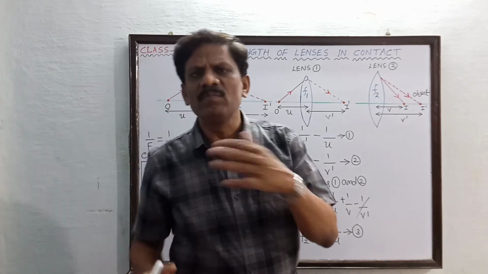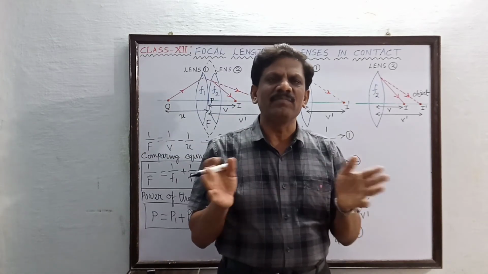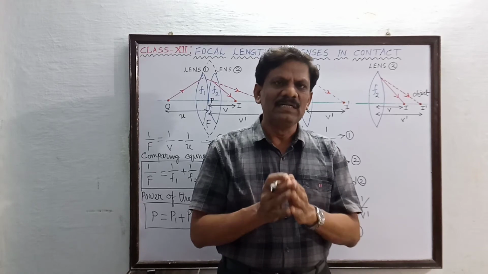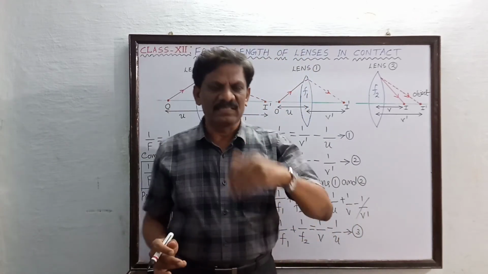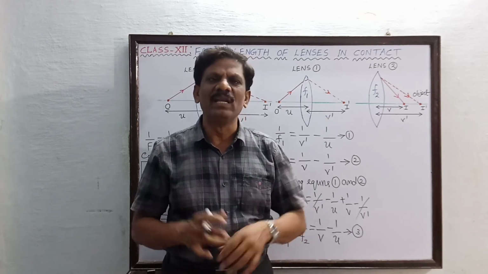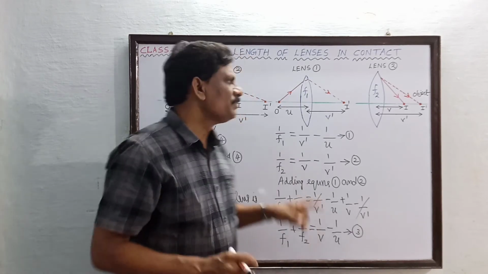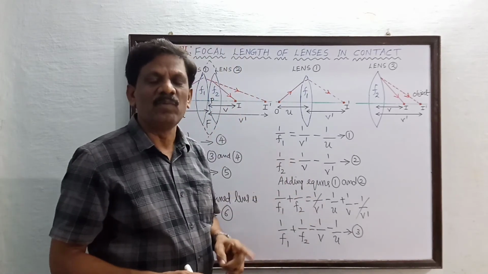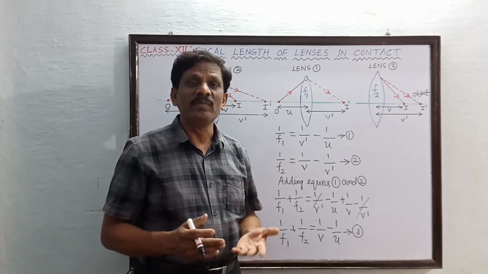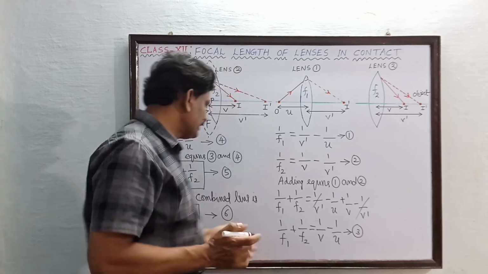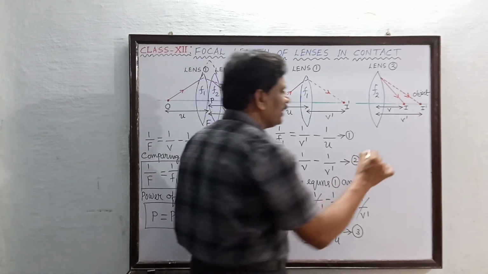So when two or more lenses are kept in contact, the net power of the combination is equal to the sum of the powers of the individual lenses. In this picture we have taken both the lenses as convex lenses. Suppose you may have to combine two lenses out of which one is concave and the other is convex.